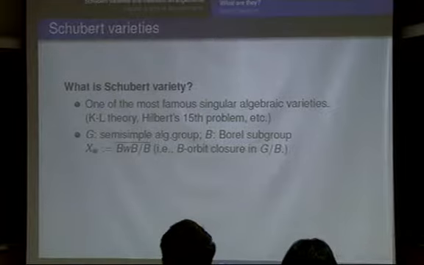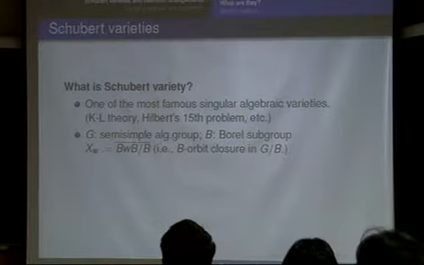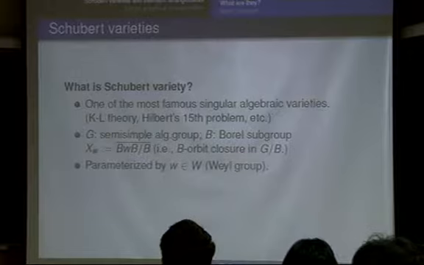Given a semisimple algebraic group and its Borel subgroup, the Schubert variety is the closure of a Borel group orbit. It's a very simple definition. It is parameterized by an element of the Weyl group. When this algebraic group is type A, something like a special linear group, then this Weyl group becomes the permutation group.